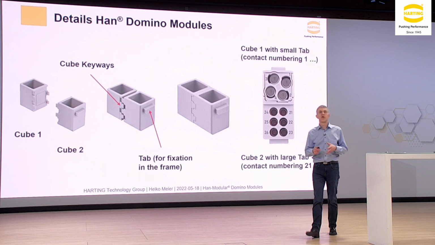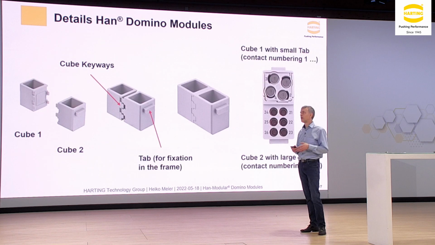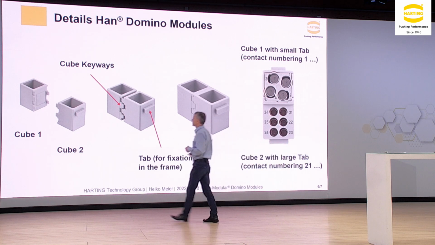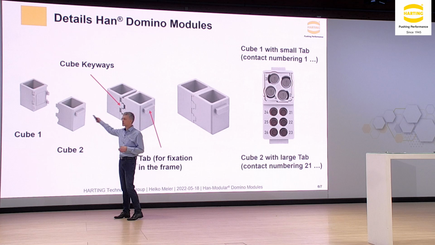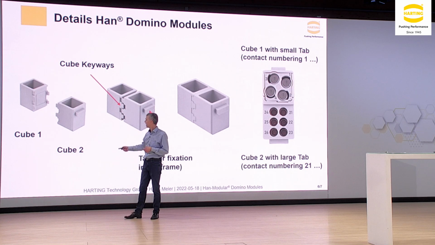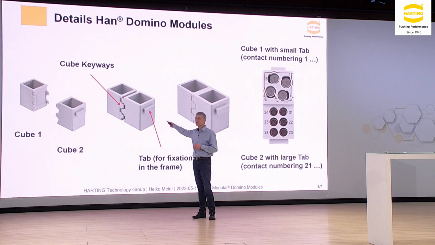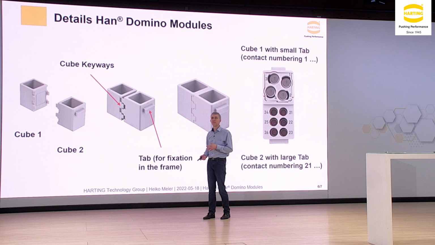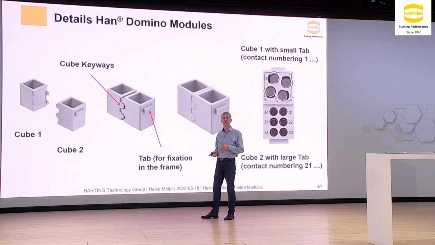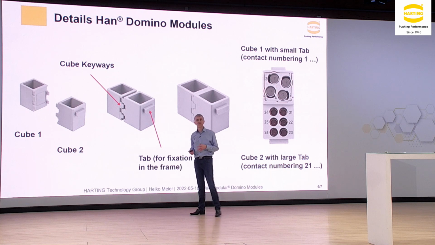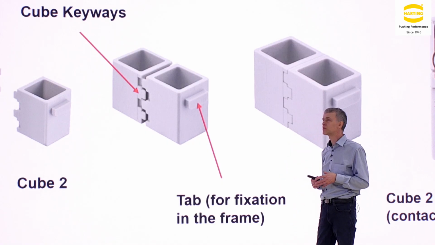So first of all, let's take a look at the general construction. We have here two cubes, cube 1 and cube 2, and they can be combined with those cube keyways. The reason why we have two different cubes is that we have two different tabs to fix them into the frame.